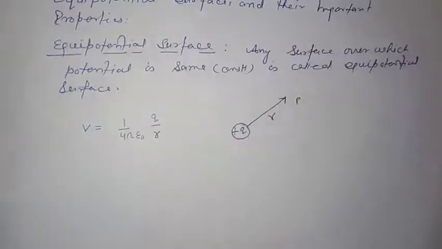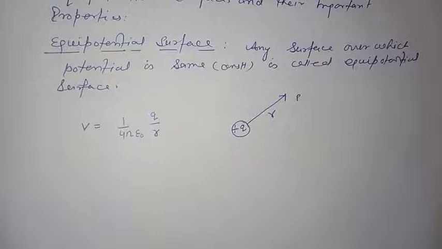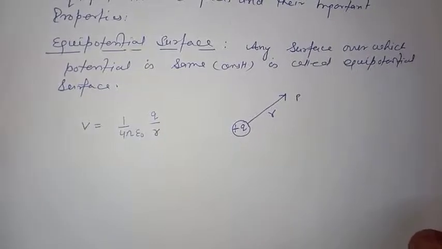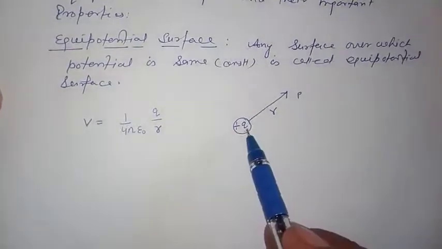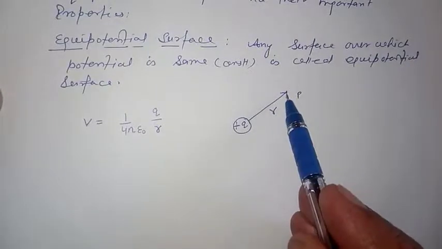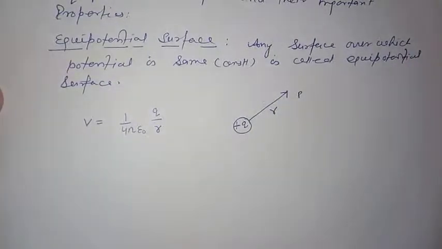Let it be R. We have discussed this formula and derived it in the earlier videos. So potential due to a charge at a point is given by this relation.